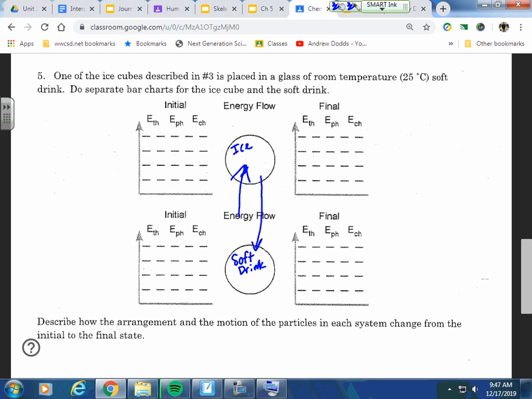Because they're transferring energy to each other. Now, based on the bars, that may not have worked, and that's okay. But that's the idea, that this transfer of energy is coming from the soft drink to the ice. All right, so understanding systems and surroundings.